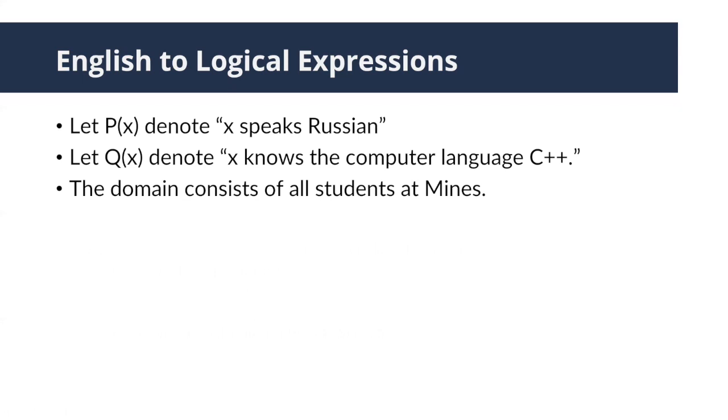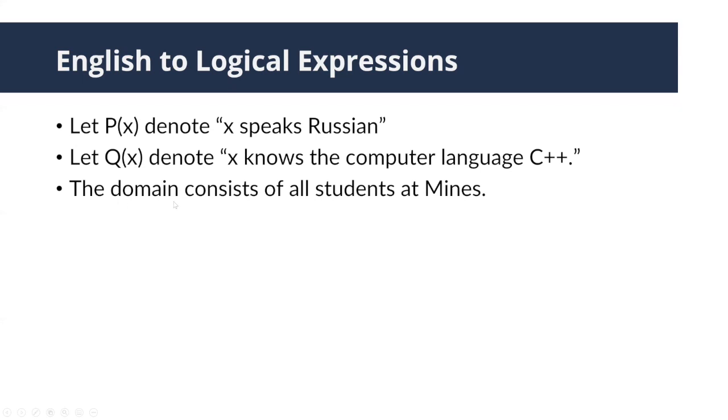Next, let's see another example. Here, the question is asked differently. In the question, the predicates are given. Px denotes X speaks Russian. Qx denotes X knows the computer language C++. Also, the domain has been specified.